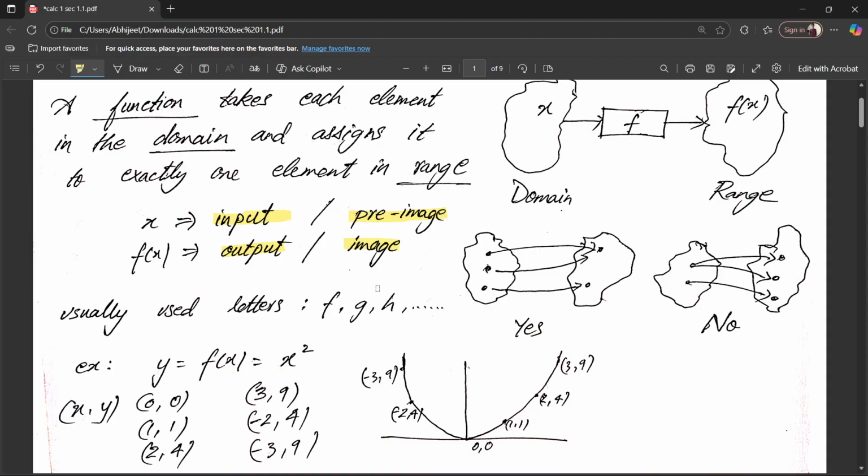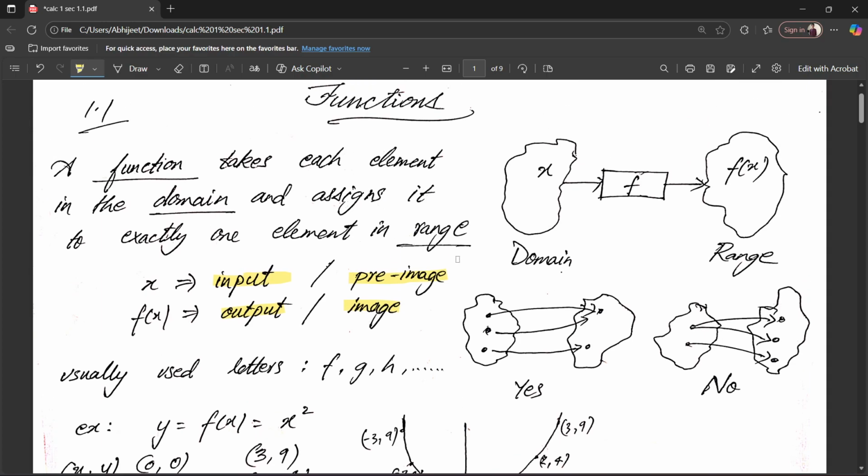Now, there are limitations to what a function can be. Essentially, what do you call a function and what do you not call a function? A function can only have one associated value in the range, meaning every element in the domain can only have one output.